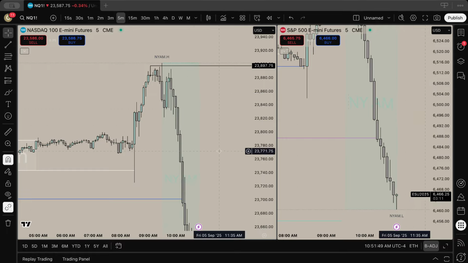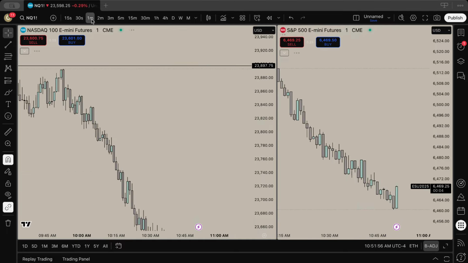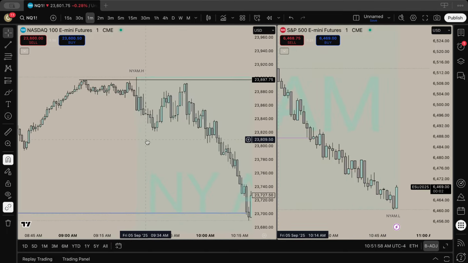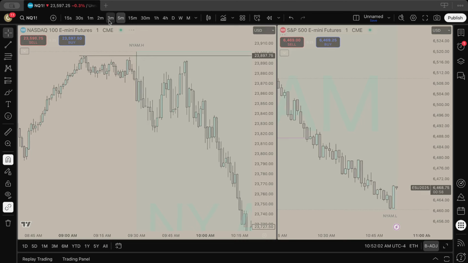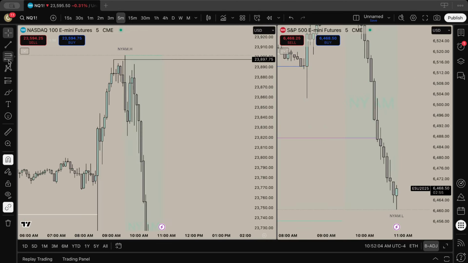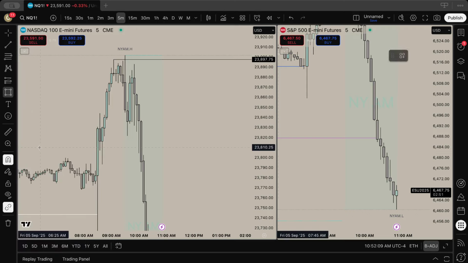I actually took this trade on all my accounts, but I set my stop to some high. I think it was a 1 minute internal high. I set my stop to like this high because this range is humongous. If you see on this 5 minute inversion, the one that I took was right here.